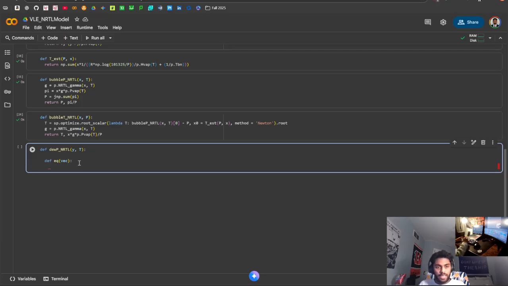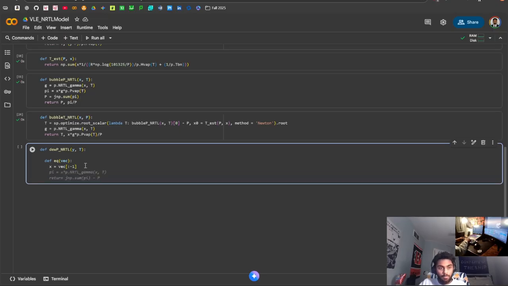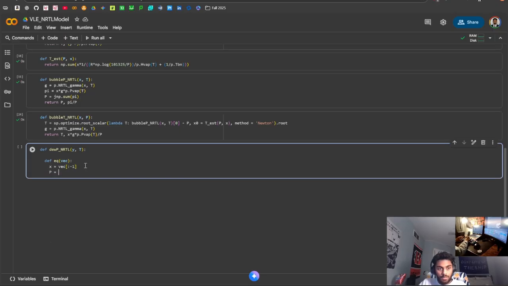If I gave it some vector of inputs, I would expect the first however many of those inputs to be compositions, and then that very last one is going to be the pressure at which these compositions pop up. So I'll say X is going to be equal to everything in our vector except the very last term, and then my P is going to be that very last term.